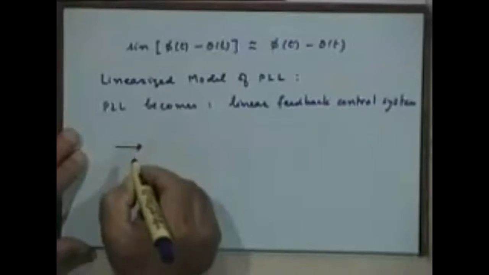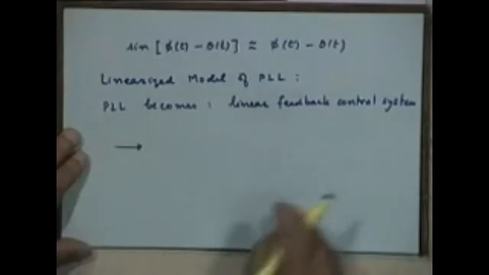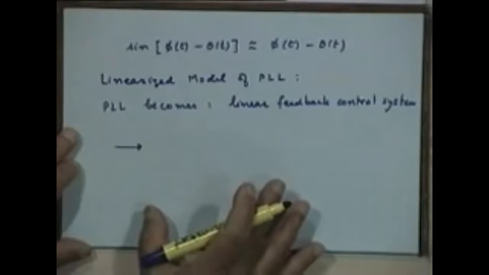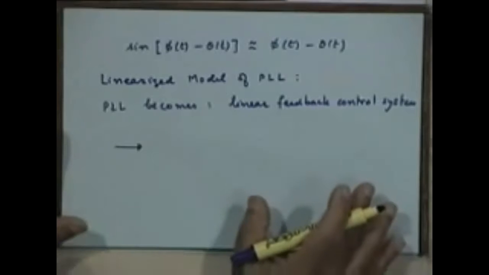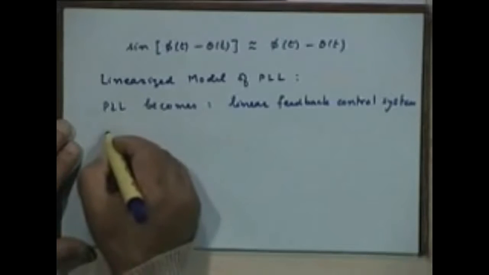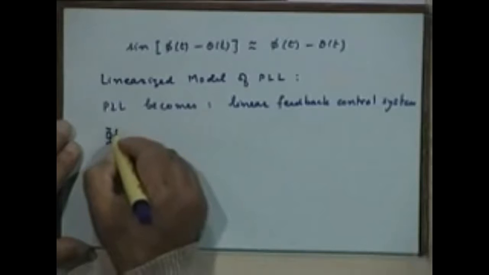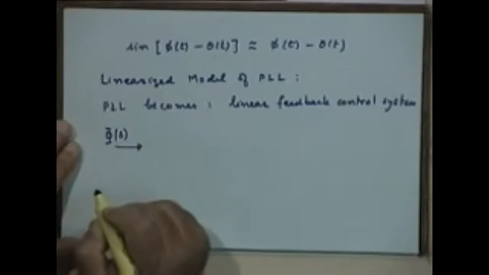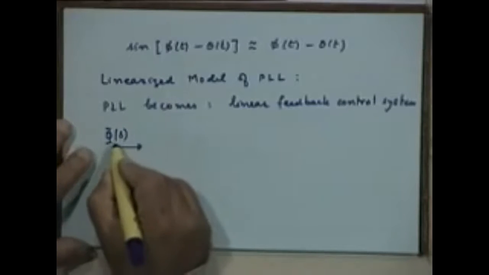If I work in the Laplace transform domain, this linear model becomes something like this. I will represent every function that I have been dealing with so far as a function of s. So, instead of phi of t at the input, I will consider its Laplace transform phi of s as the input.